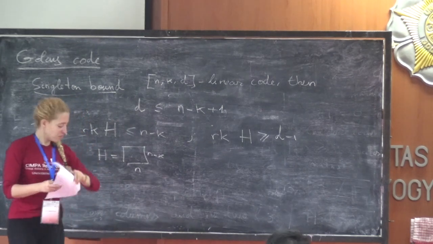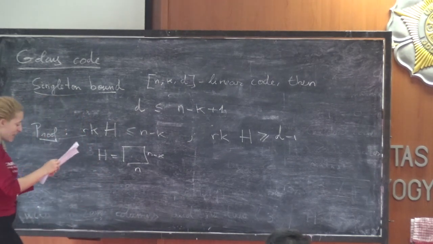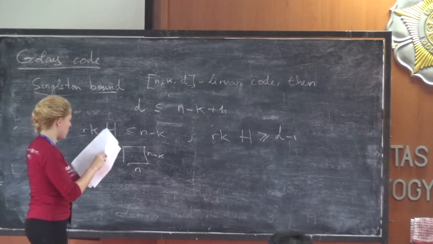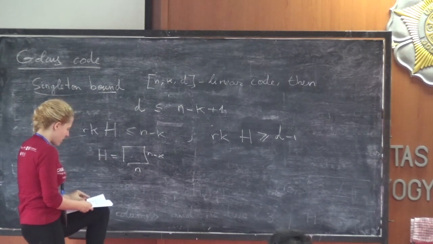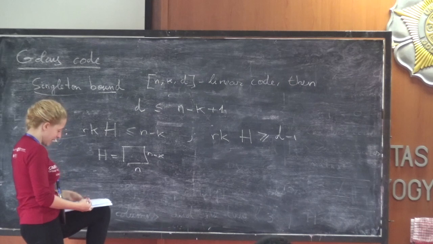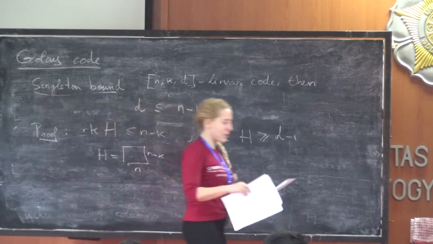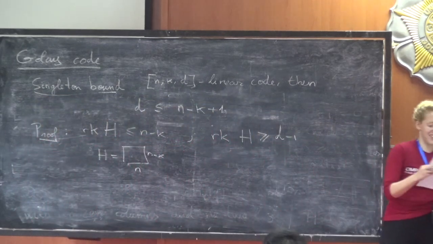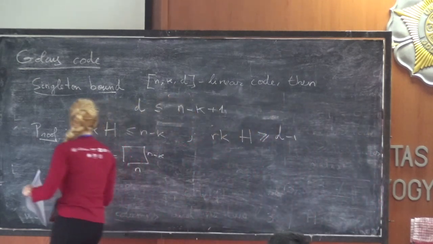Very good. Now I'm going to show you another bound that is called the Hamming bound. As you see, Hamming appears everywhere. This is also nice to see the proof.